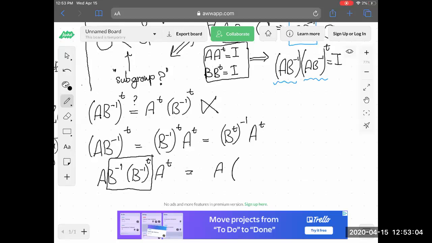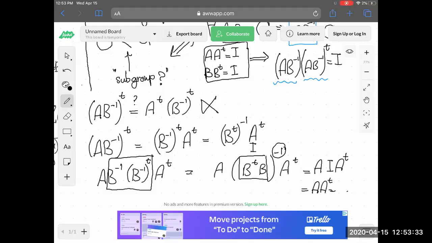This thing is equal to B transpose B, everything inverse. I can bring out this inverse in transpose. And because B is in O, B transpose B is equal to identity. So I have A identity inverse, A transpose. So it's just A A transpose, which is equal to identity. And that's what we wanted. So this shows O is indeed a subgroup of G, which is what we wanted.